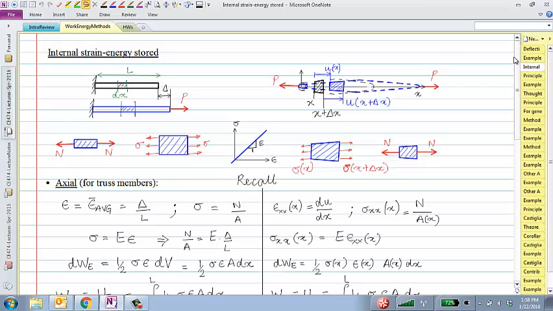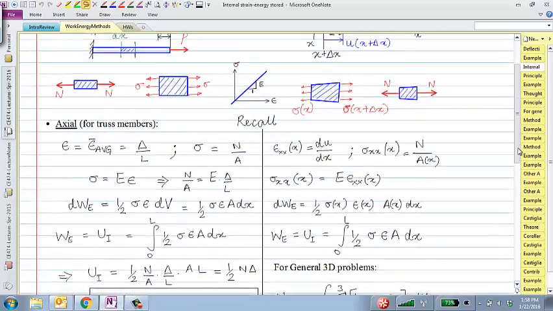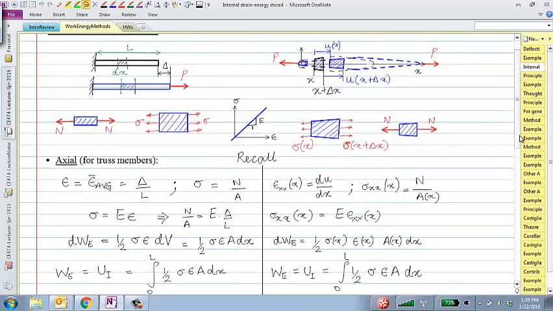I want to calculate how much energy is stored in this bar. To do that, we will make use of the stress and strain principles. Very similar to the beam example, if you look at some small section delta x of this bar, that section has some internal force which will actually be just equal to the applied load P. So N would be equal to P.